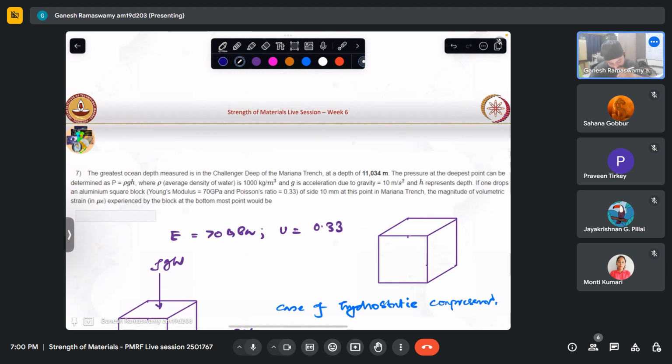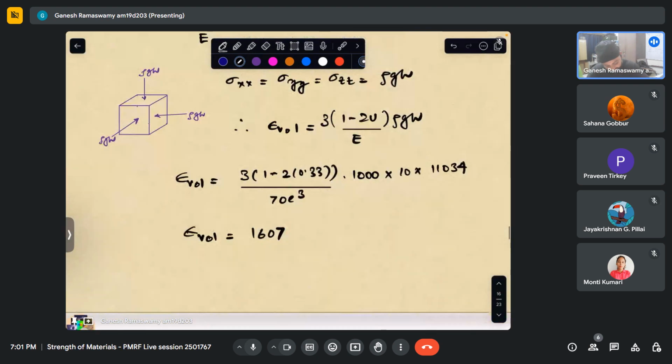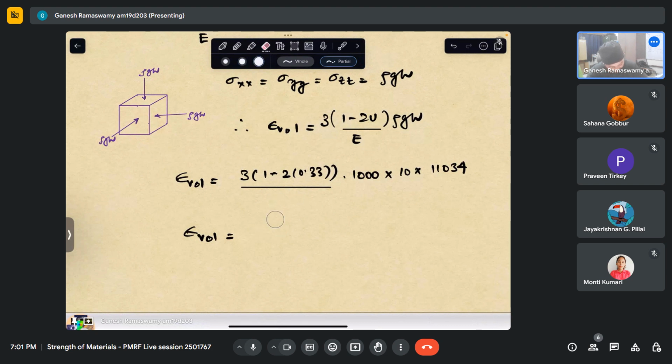Seventy GPa. Okay, this we have substituted in meters. So GPa I will have to substitute, something was off, that's why. It will be 70 into 10 power 9. Does anyone have any question?